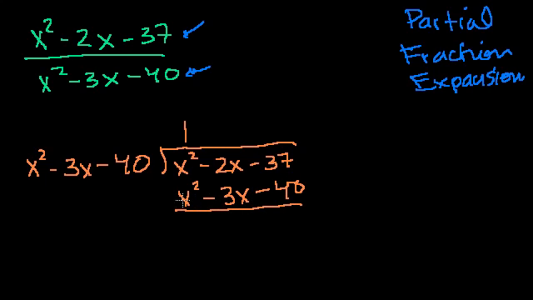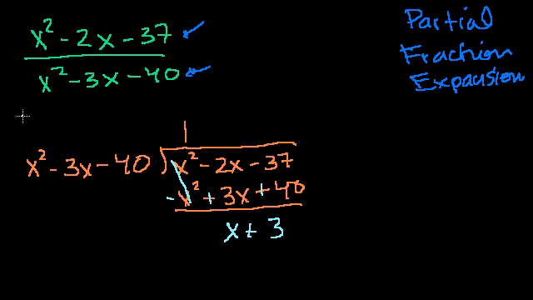Now you want to subtract this from that to get the remainder. So I'm going to subtract, and minus minus is a plus, and then you can add them. These cancel out. Minus 2x plus 3x, that's x. Minus 37 plus 40, that's plus 3.